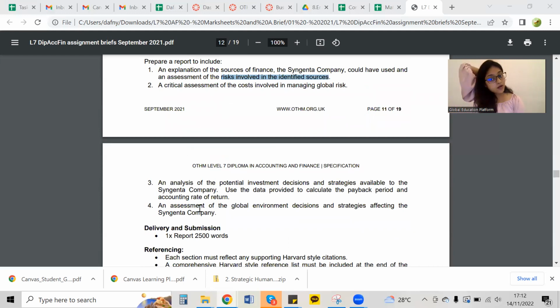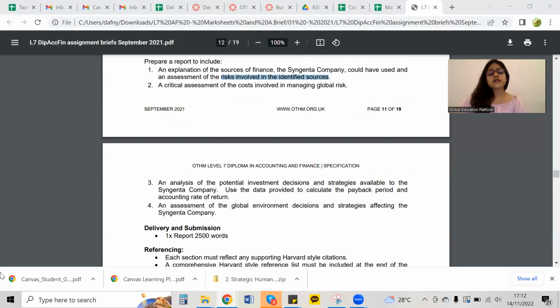So we've discussed the payback period and the accounting rate of return, the formulas, the way it is calculated, examples, and the decisions and how to interpret it. We've discussed all those things in the class. So you can refer to the notes and you calculate and then you come up with a decision.